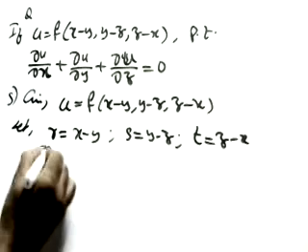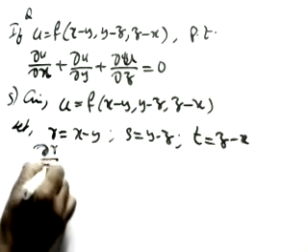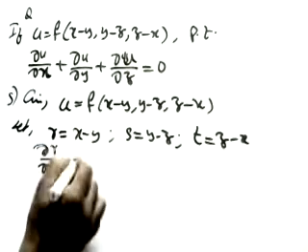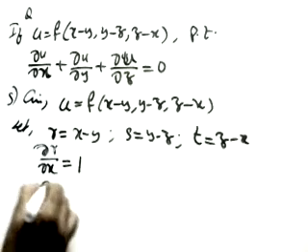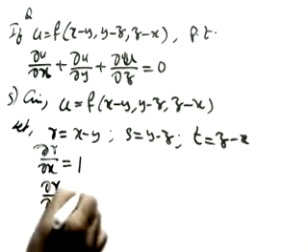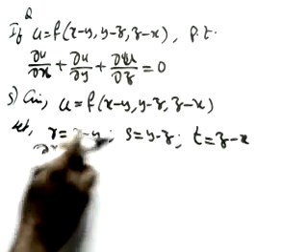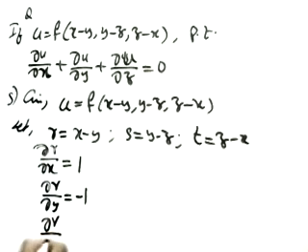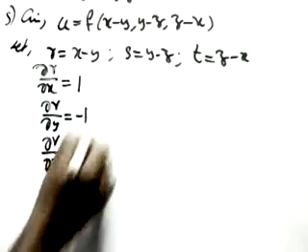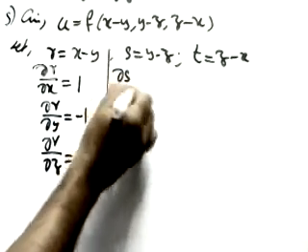Now let us differentiate these with respect to x, y, z. What will be dou r by dou x? d by dx of x is 1, constant is 0. Dou r by dou y is minus 1. Now dou r by dou z: we don't have z here, so the differentiation of a constant is 0.